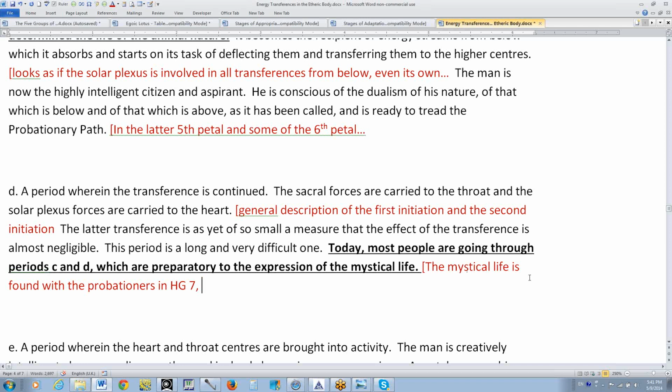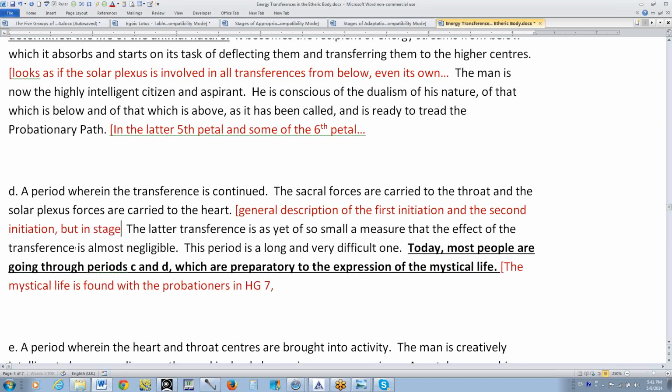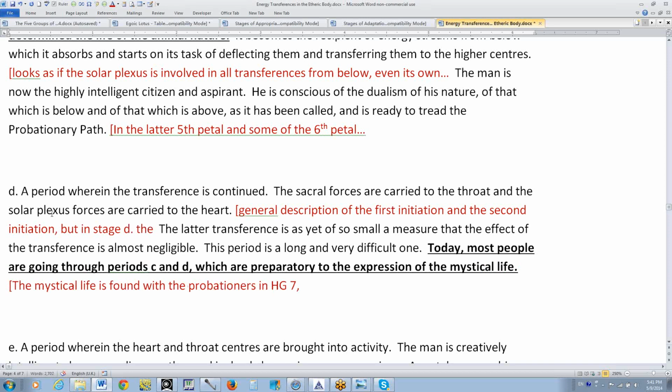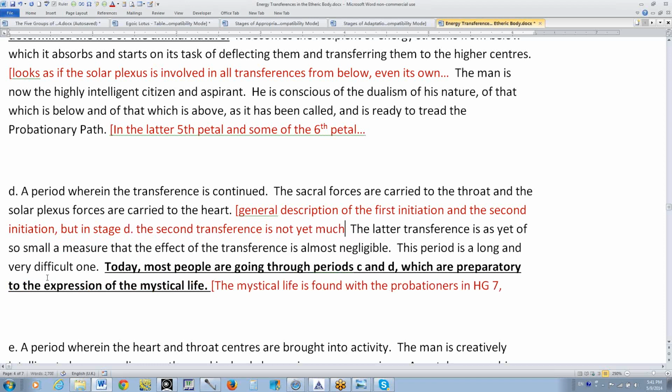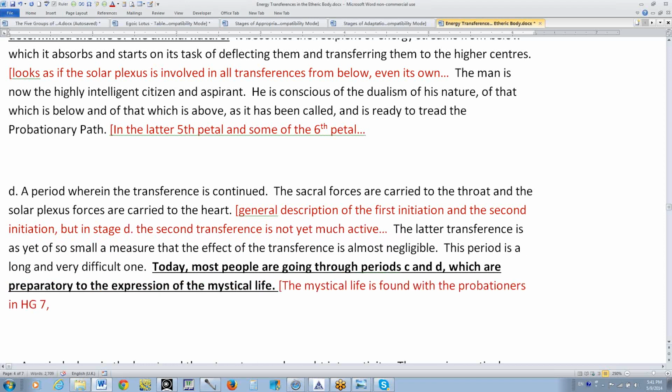But in stage D, the second transference is not yet much active. The latter transference is as yet of so small a measure that the effect of the transference is almost negligible, and this is a difficult period. So people going through stages C and D, from the solar plexus to the heart, well, no, it's from the sacral center to the throat.